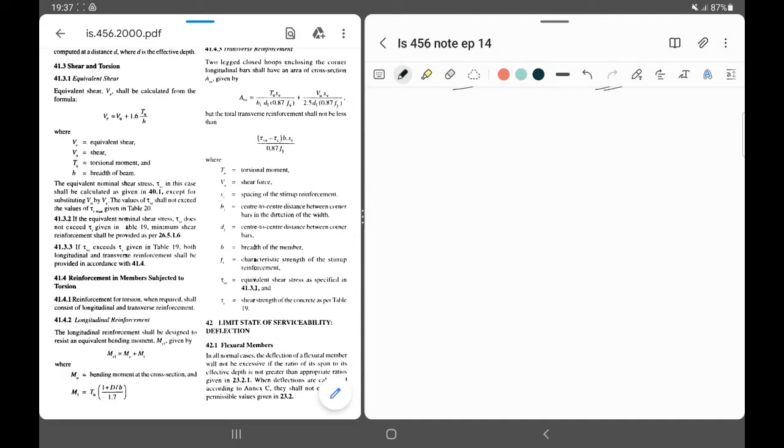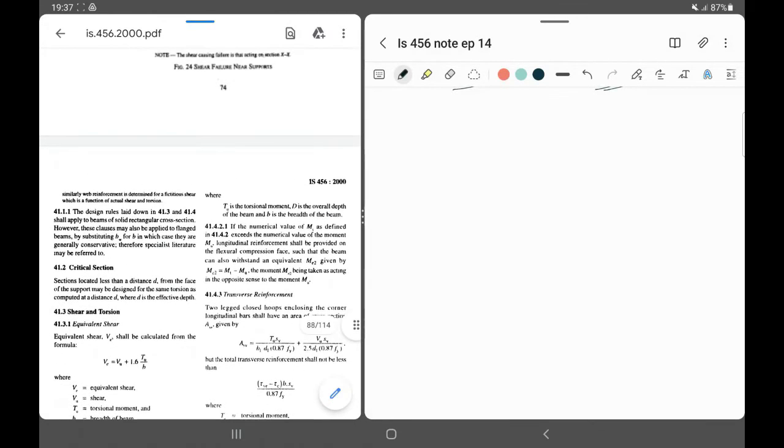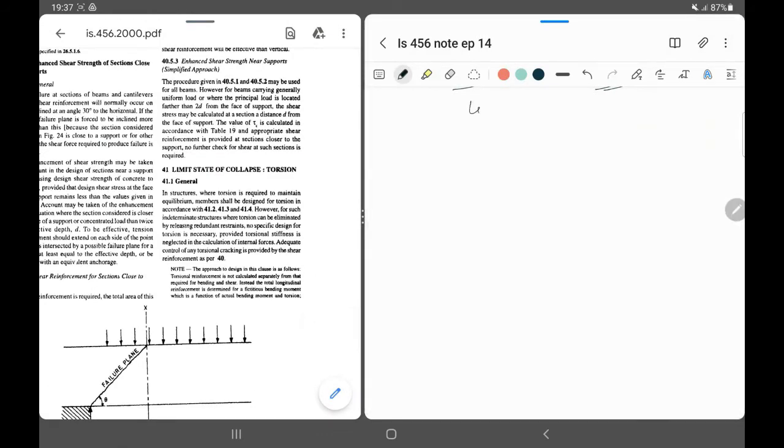And here today I talk about the limit state of collapse: torsion. And this will be the last video regarding IS code. Finally I completed the whole series of IS code.